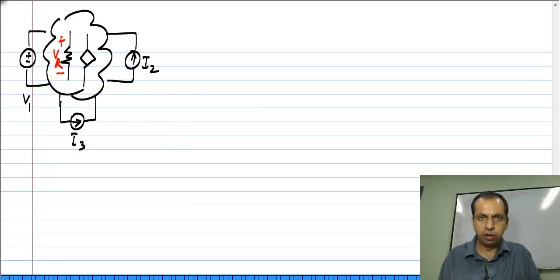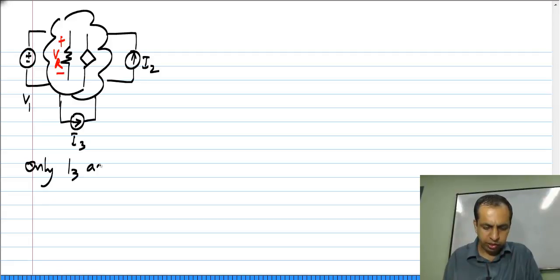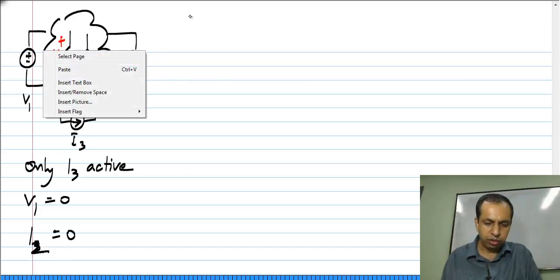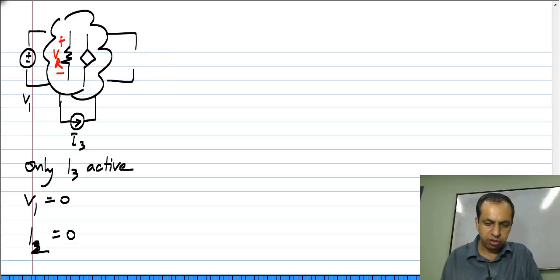I do the analysis a third time, and this time I will have only I3 active, which means that I set V1 to 0 and I2 to 0. So, if I set I2 to 0, a 0 valued current source, we know by now is an open circuit, and a 0 valued voltage source is a short circuit.